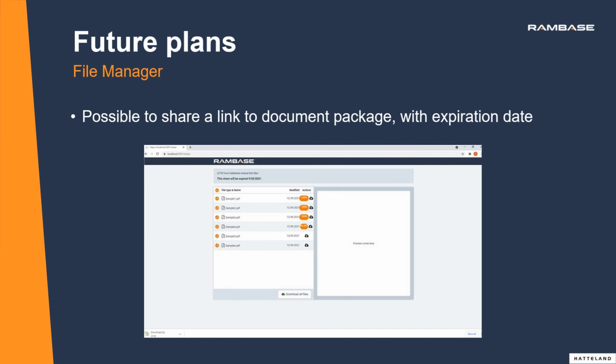And here you could set an expiration date of how long this should be valid, and you will also have the possibility to delete access if you regret that you sent this link to someone. And this will be released during 2021, so this fall.